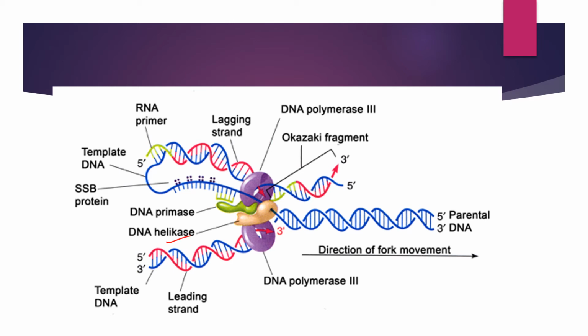There is DNA helicase, there is primase, and here one is the leading strand and another one is the lagging strand. DNA polymerase is there with two subunits, and primase and helicase together form the primosome. There are SSB proteins associated with the single strand.